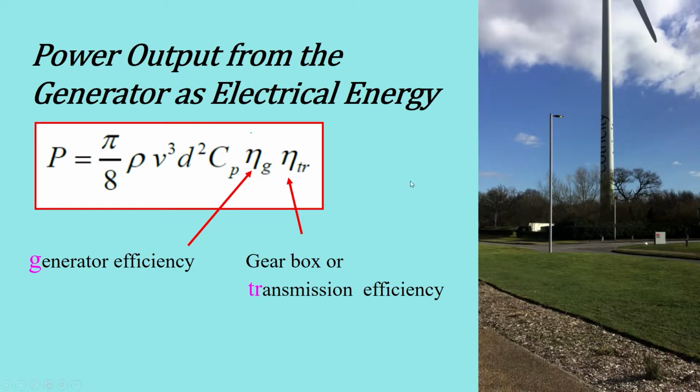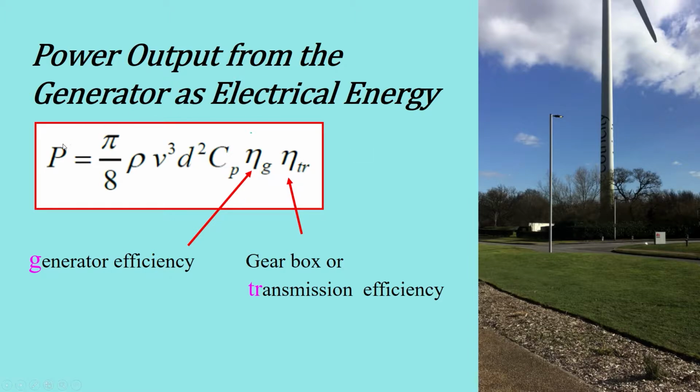Power output from the generator as electrical energy. So the first part here you saw in the previous equation, 1 over 8 rho v to the power 3 d to the power 2 Cp. When you put your generator in the system, there is an efficiency component coming. So generator efficiency is here, and then the gearbox or transmission efficiency, so there is another efficiency coming into the picture.